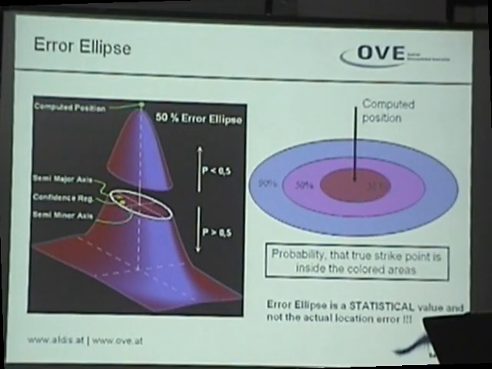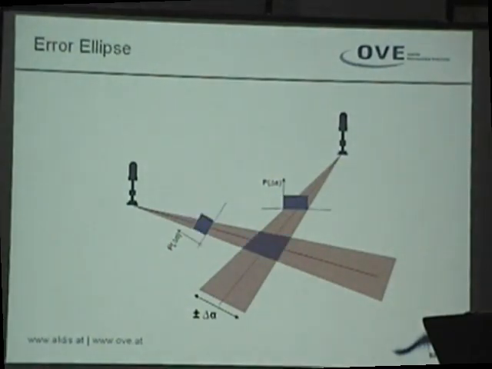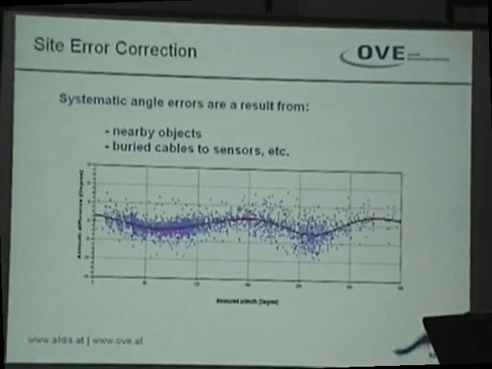Site errors are azimuth dependent, right? Yes, as you showed. So, does the location system calculate the ellipse considering this azimuth dependent error, or using an average value for this error?